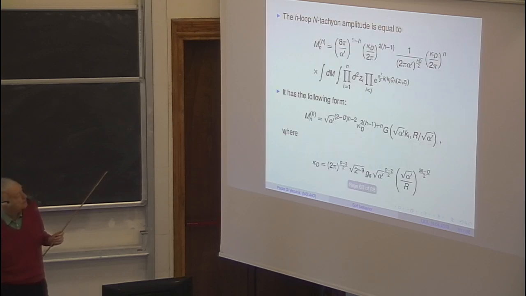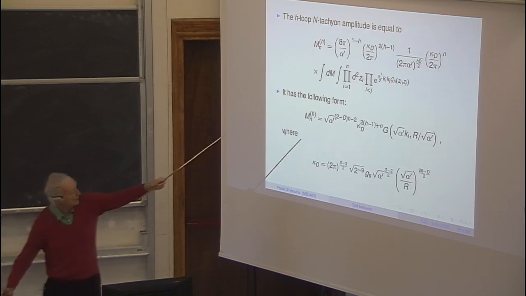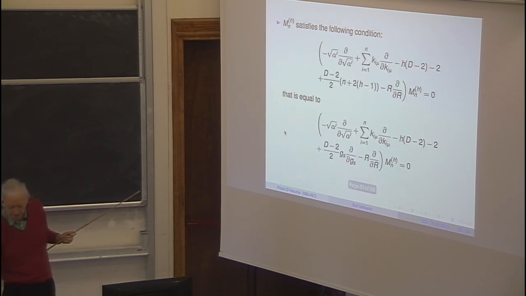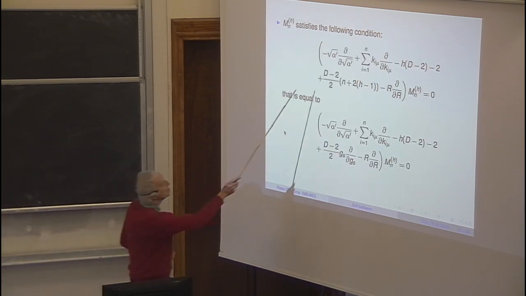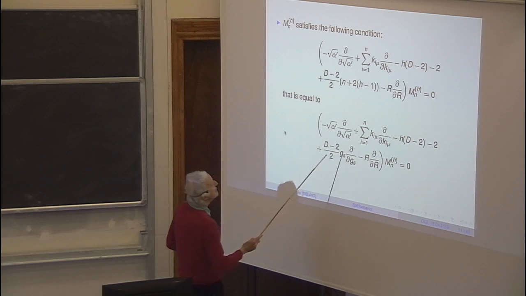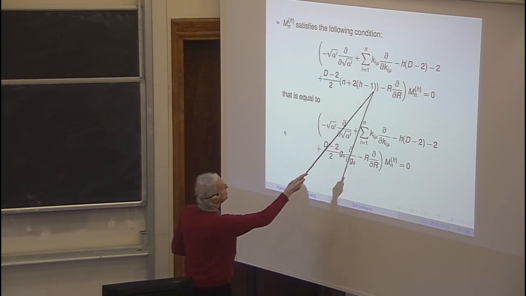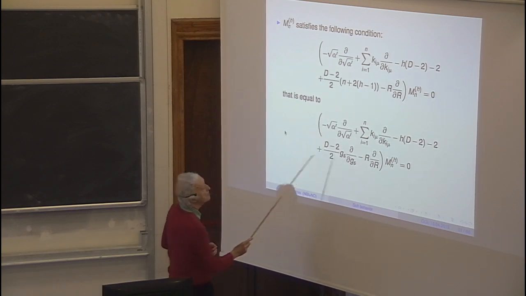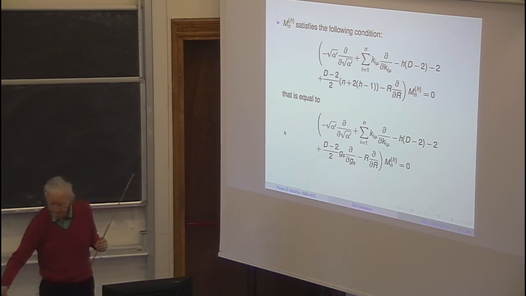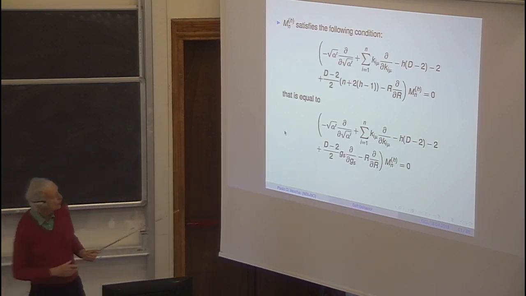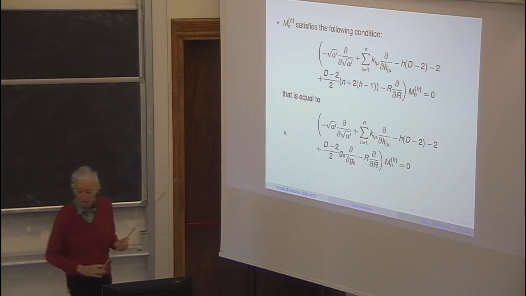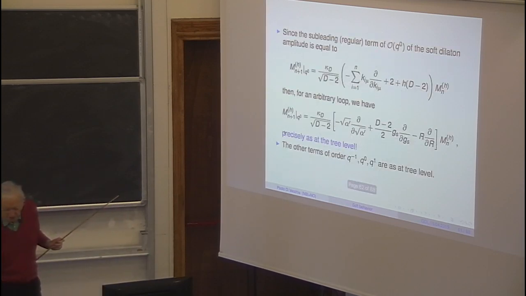Then, because of the previous relation here, you can trivially check that this equation is satisfied, which you can write in terms of G_S over G_S. And then you use this equation together with the soft behavior.